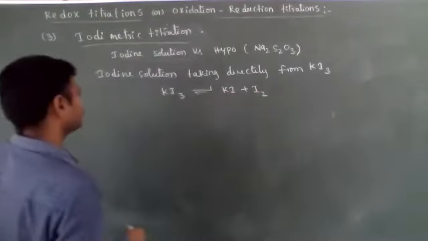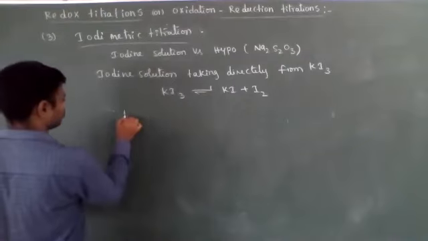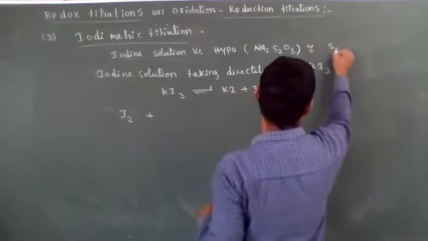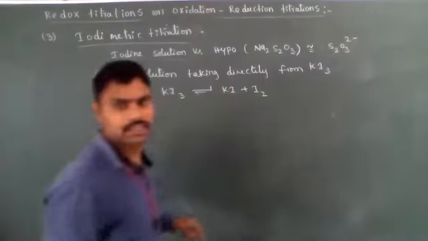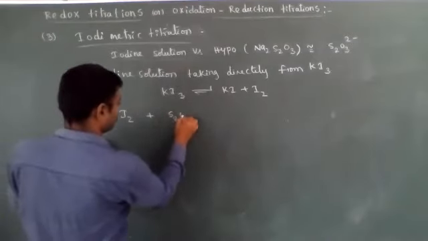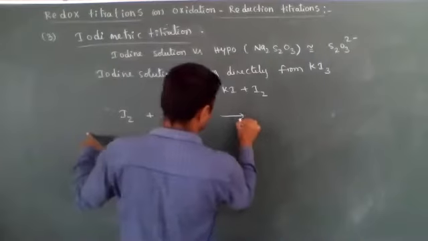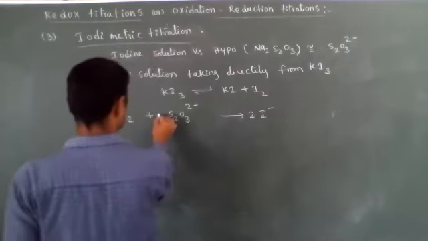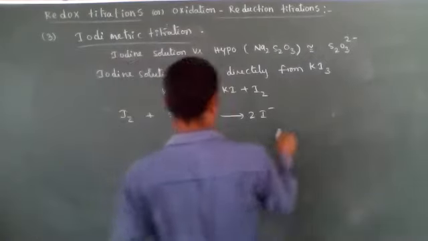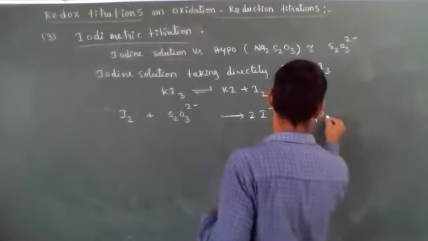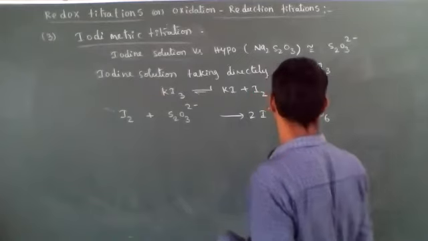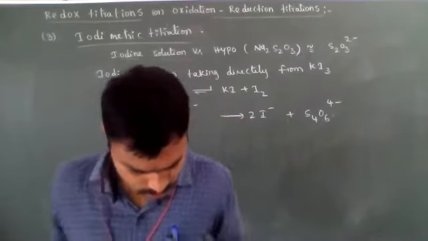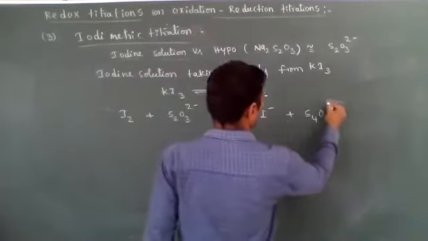This iodine reacts with hypo solution. The hypo solution forms the S2O3 2 minus ion. When iodine reacts with S2O3 2 minus, it forms 2I minus and S4O6 2 minus.